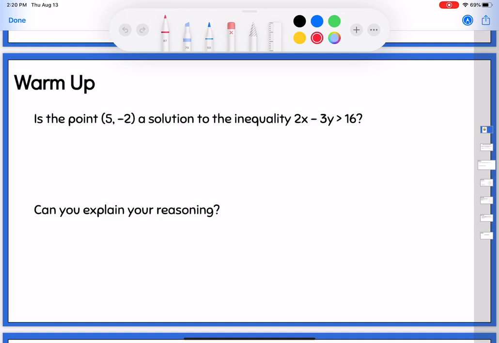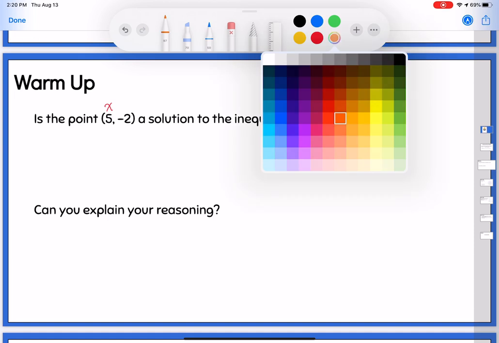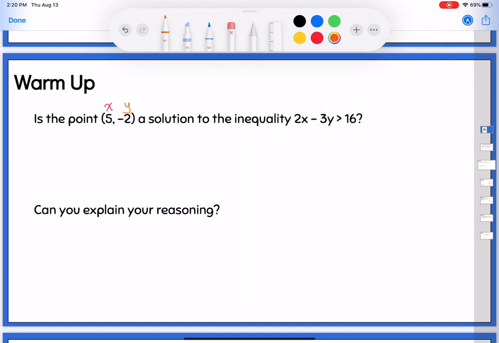So how I would check to see if this was a solution, since I don't see a graph on here, I can't graph it and shade it, I would just go ahead and plug 5 in for x, and I would plug in -2 for y into this inequality and see if it works.